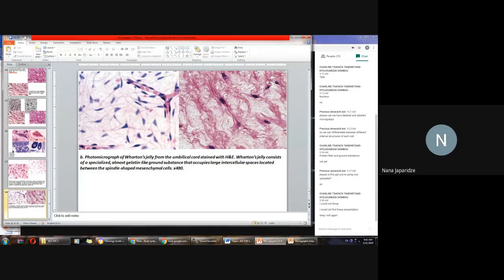But Wharton's jelly cells are already differentiated, and they can't differentiate further in the umbilical cord.